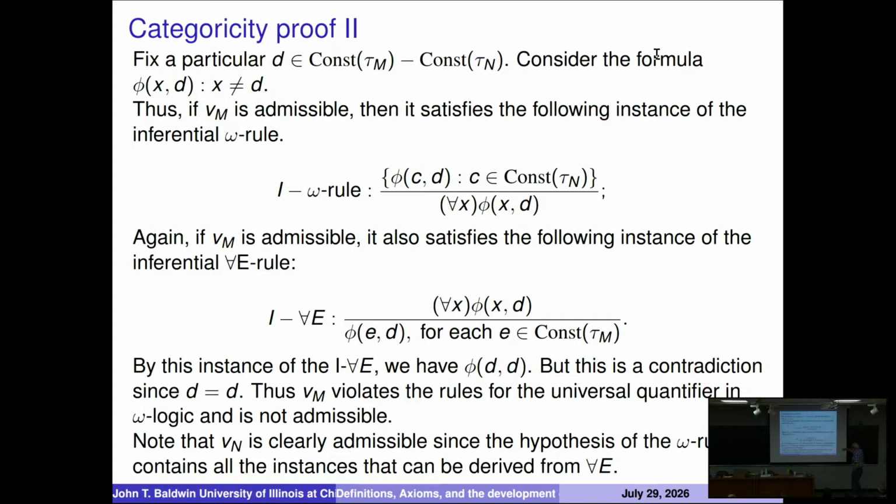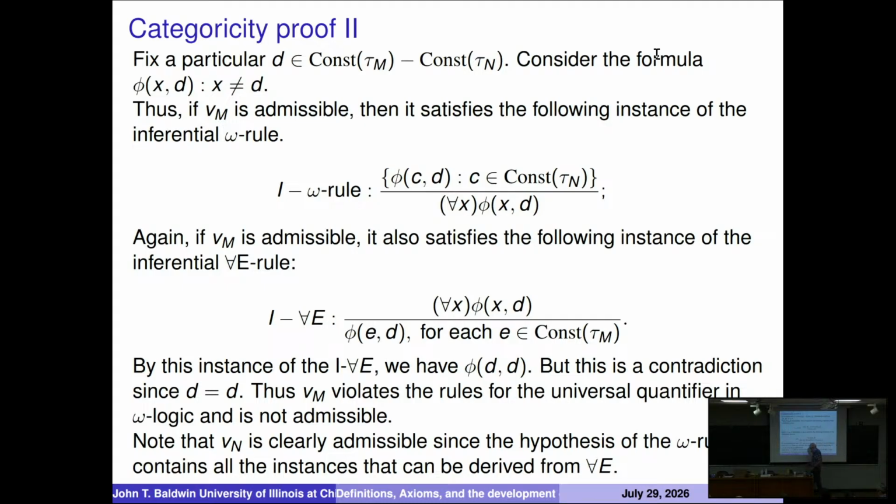And of course it is, because none of those are the non-standard one, right? So you've diagonalized. But on the other hand, by universal instantiation, it's true of all elements. Well, so then D not equal to D is true, and that's not such a good thing.